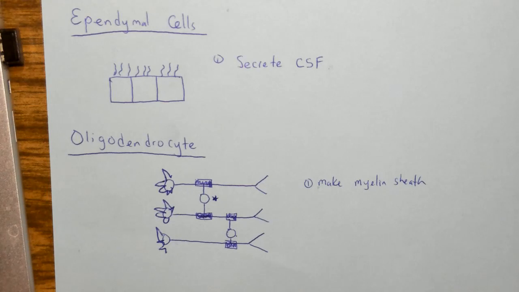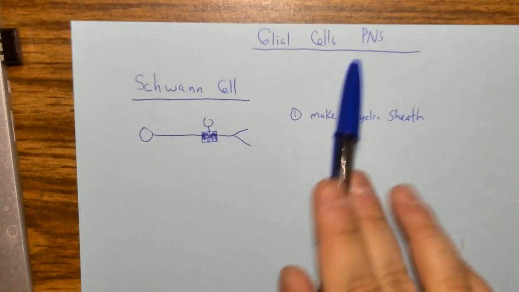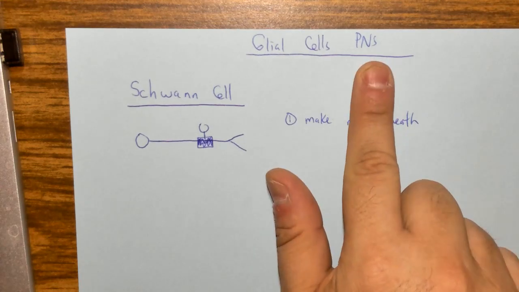On your test or quiz, what cell makes myelin sheath? That's all you need to know. Now, another cell makes myelin sheath, but it's in the PNS, peripheral nervous system. That's your nerves. Any nerve other than the brain or spinal cord is your peripheral nervous system.